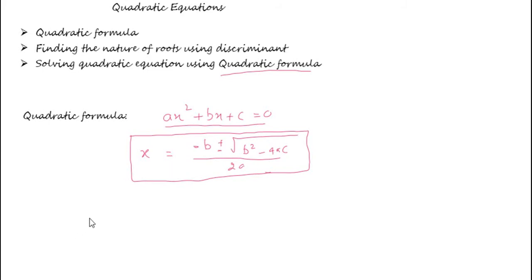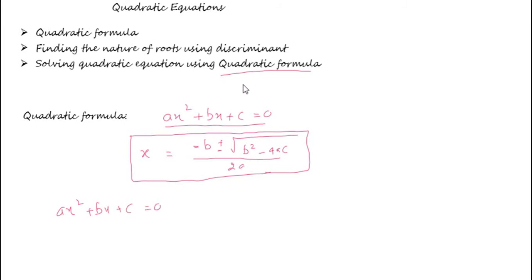Now let us see how we arrived at this quadratic formula. This is not important from the point of view of examination, but it is interesting. Let me explain. The standard form of a quadratic equation is ax square plus bx plus c equal to 0.